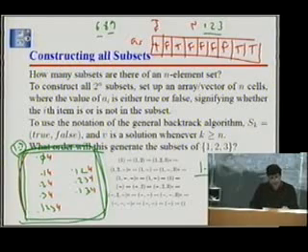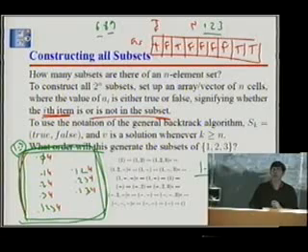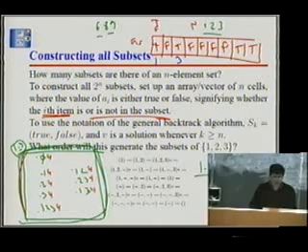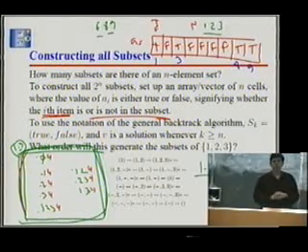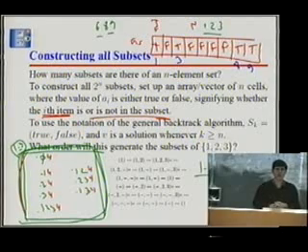Suppose I let a sub i be true if and only if i is in the subset. This true would mean that 1 is in the subset. This false means 2 isn't. 3 is, 4 no, 5 no, 6, 7, 8 yes, 9 yes.